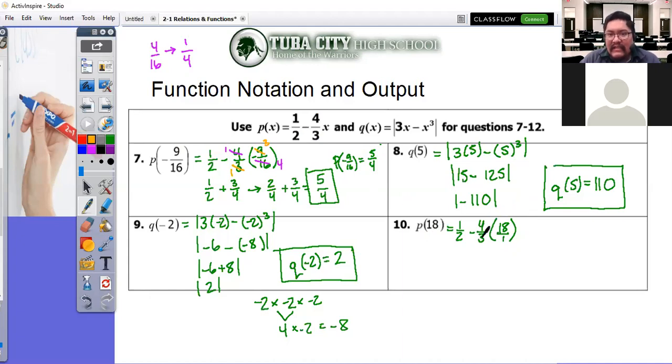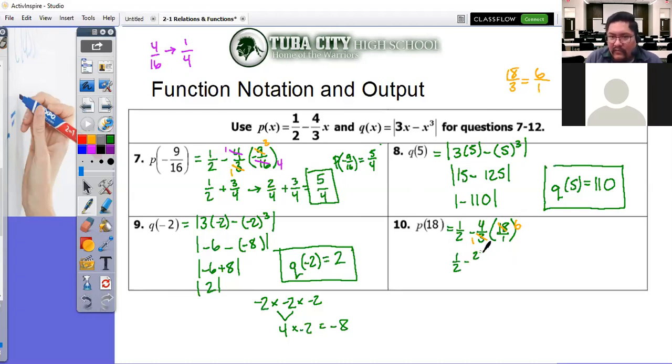But again, it's just like if you were to take 18/3 and reduce it, right? So in this case, they can both be divided by 3. So 18 divided by 3 is 6, and 3 divided by 3 is 1. So this is basically the same as changing it to 6/1. And now I have 4 times 6 as my top number. 4 times 6 is 24.